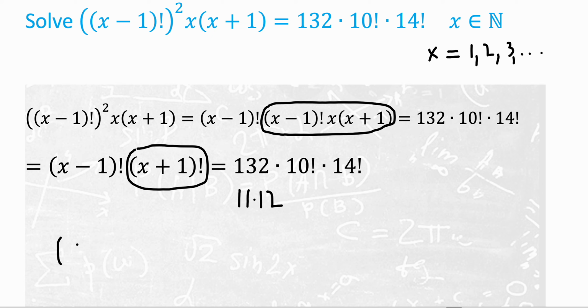x minus 1. I'm just recopying here. (x minus 1) factorial, okay, times (x plus 1) factorial.